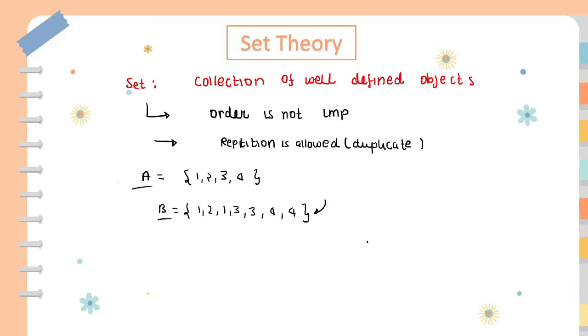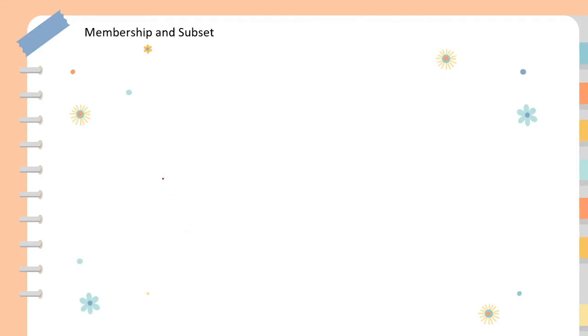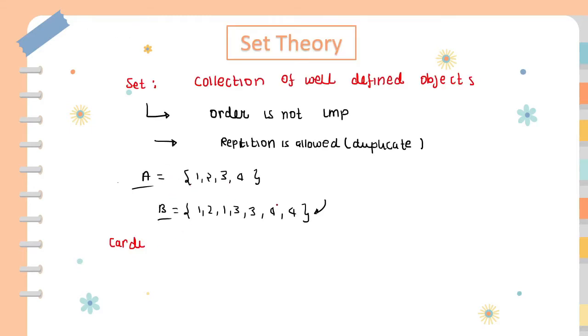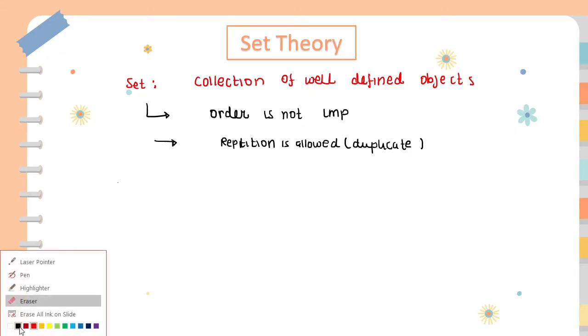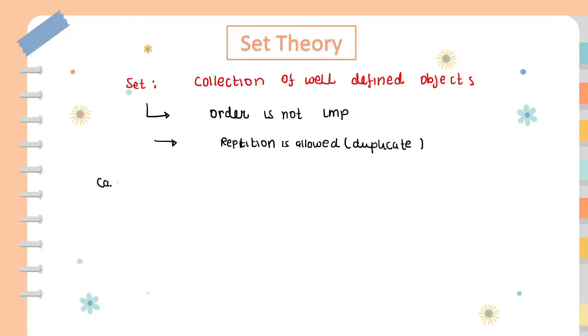Okay, so now we are moving to the second term, that is cardinality. Cardinality of a set means the number of elements.